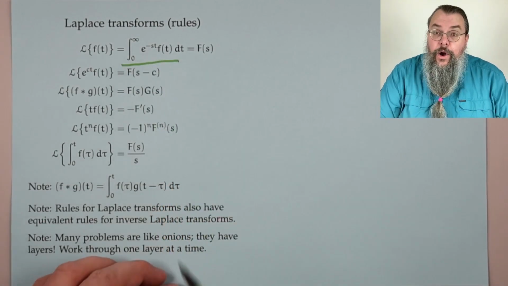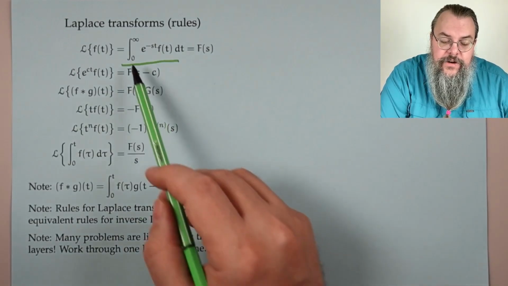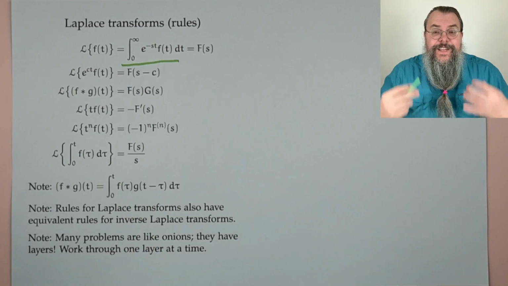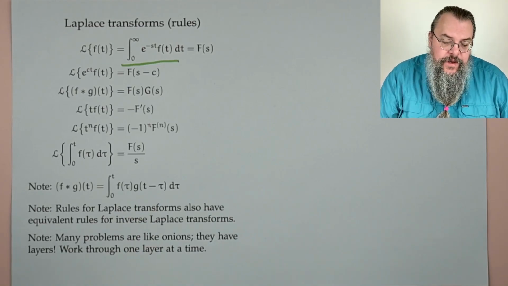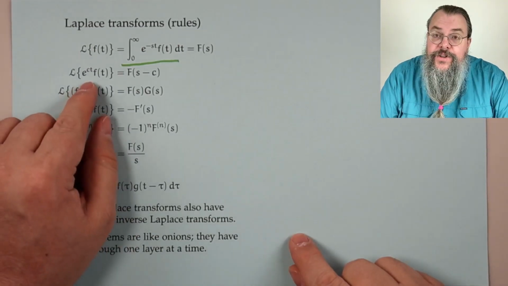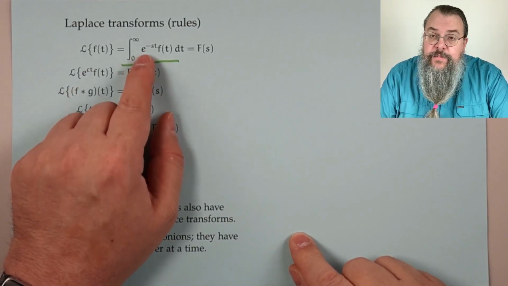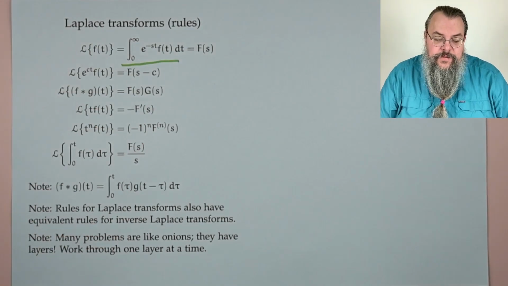And so that gives you a way to carry out a crazy integral that would otherwise be a little bit difficult to find. Now, what are some other things? Well, if we multiply by an exponential, that results in a shift in the answer. And it's not too surprising, because we see that there's an exponential function in the definition.